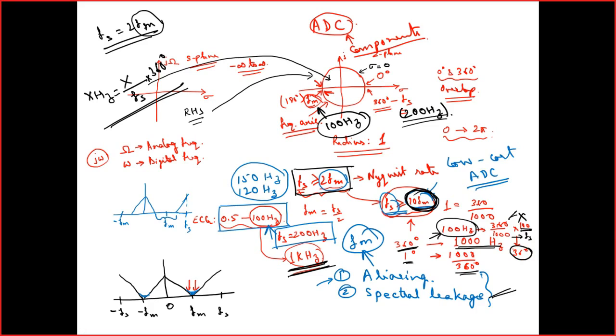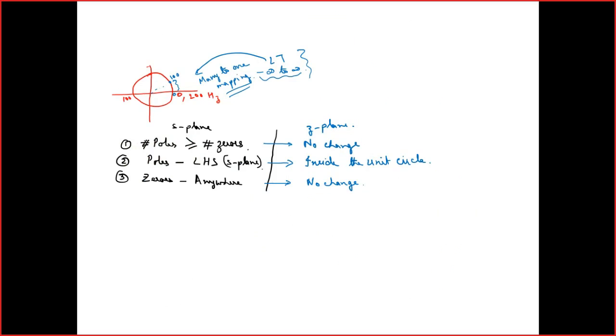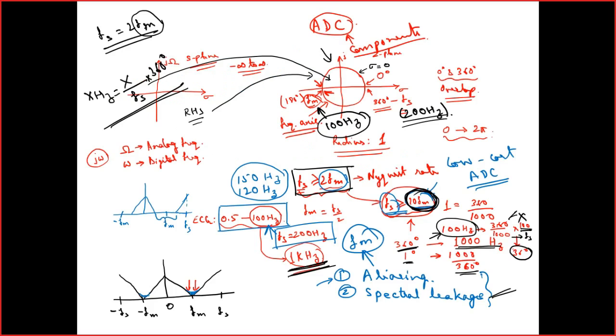Now look into this Z plane again. What is happening? 36 degrees is somewhere over here.